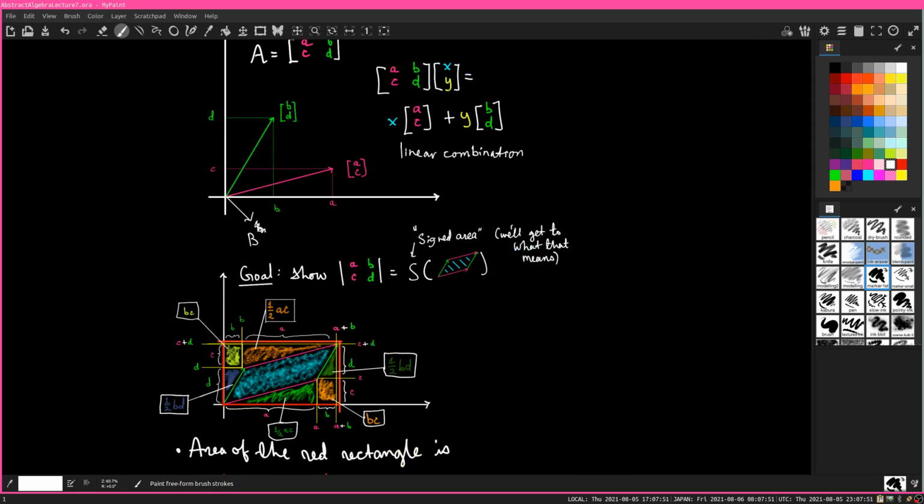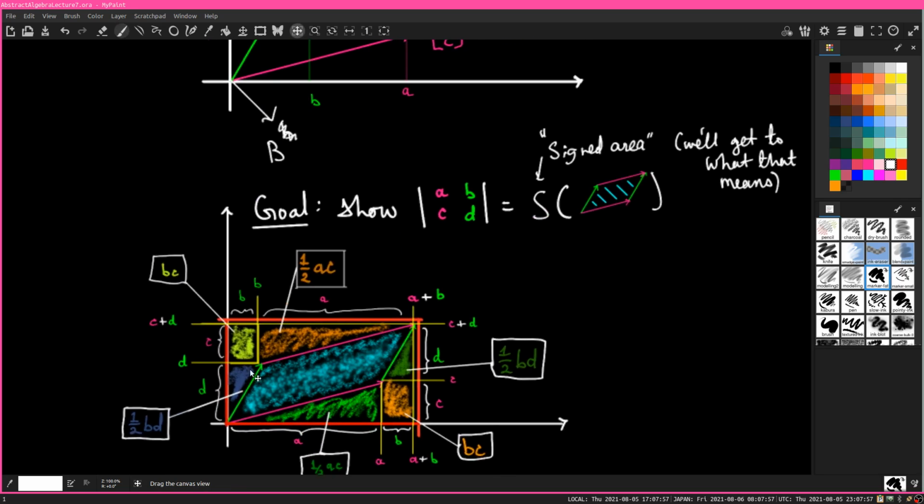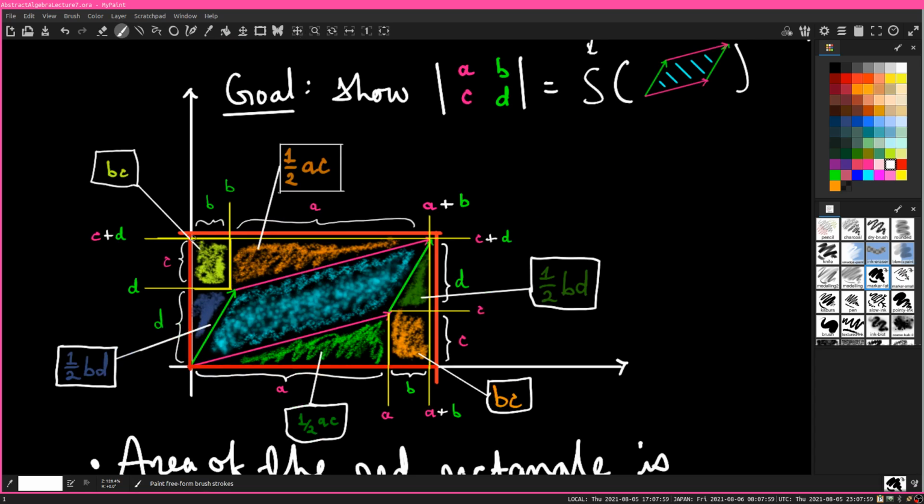Then algebraically work out the red area and each of the little areas, take the red area minus each of the little areas, and see what formula you get. Pause the video and try to do that yourself.